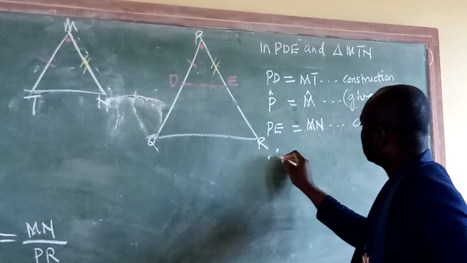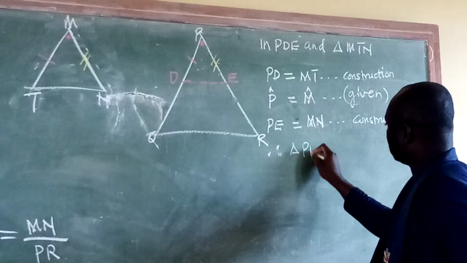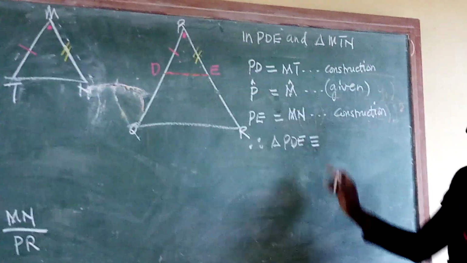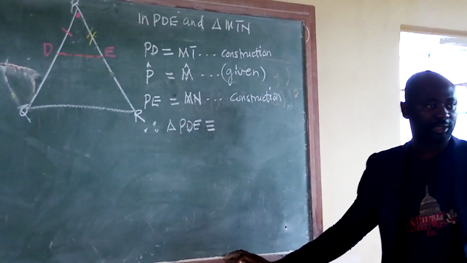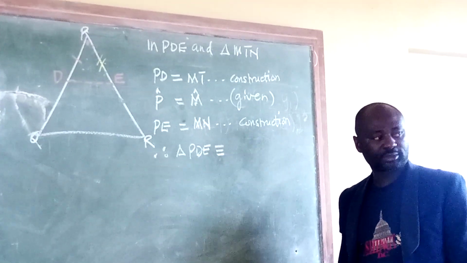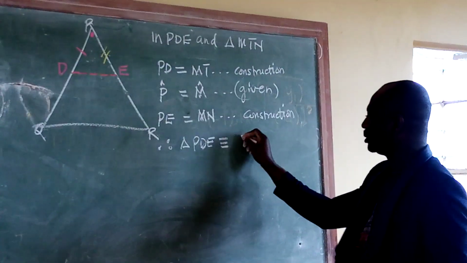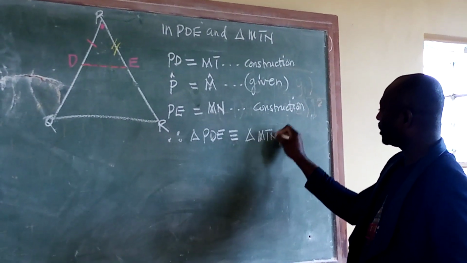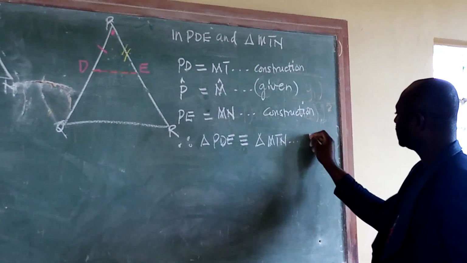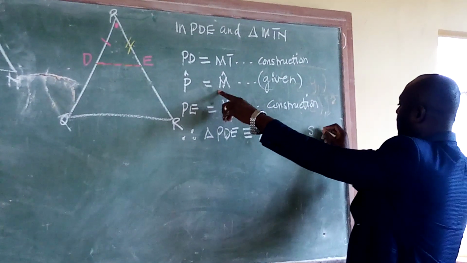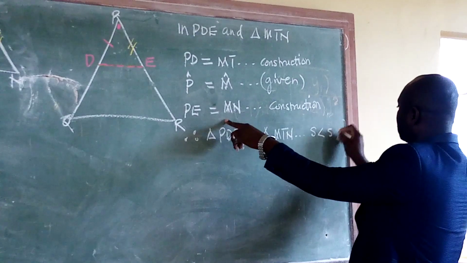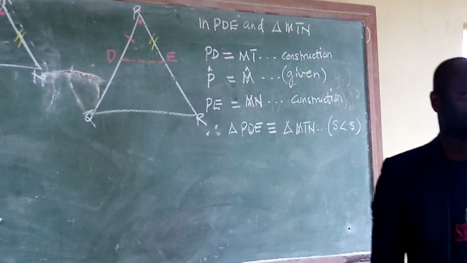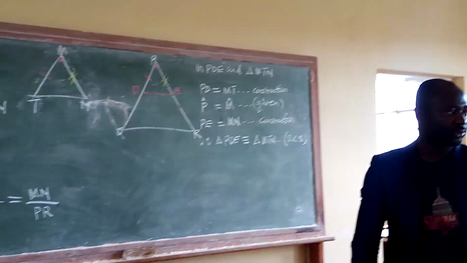Therefore, triangle PDE is congruent, you put an equal sign and another line below it, to triangle MTN. Reason: side, angle, side. So now you have proven congruency already.